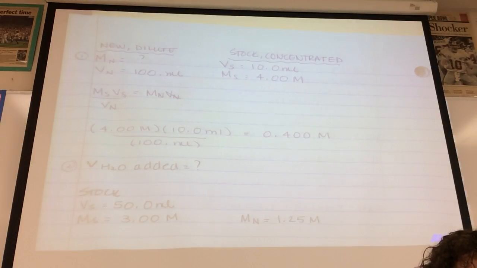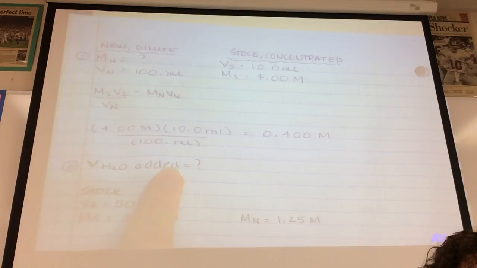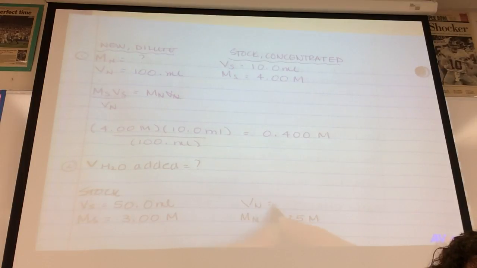Good. Now it asks for the volume of water added, but what do we have to get first? The new volume. So we know M stock V stock is equal to M new V new. We're looking for V new, so we're going to divide by M new.